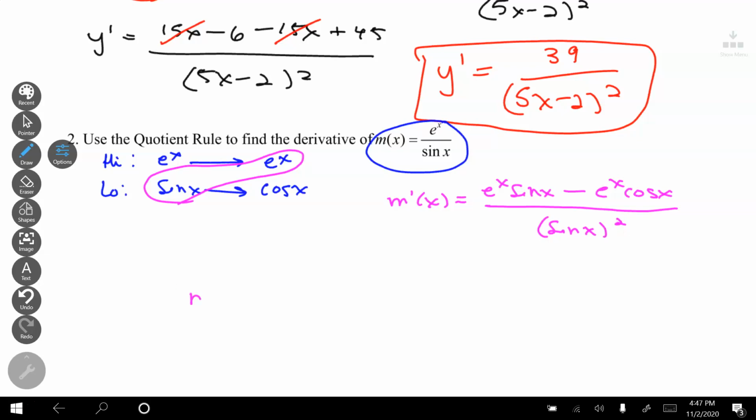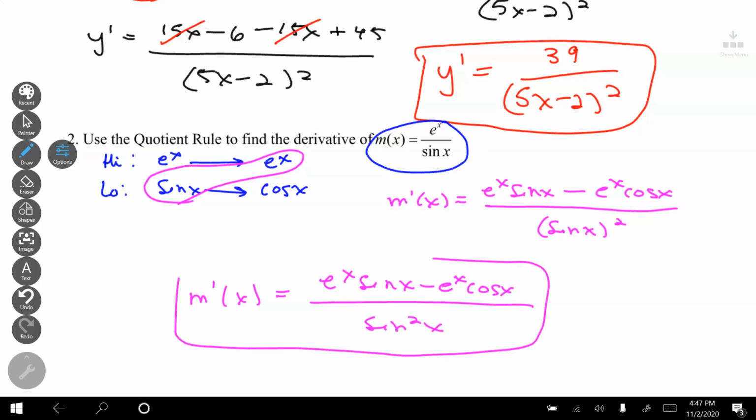And I could rewrite it without those parentheses and do e to the x sine of x minus e to the x cosine of x over sine squared of x. That's it. Not much more I can do with that.